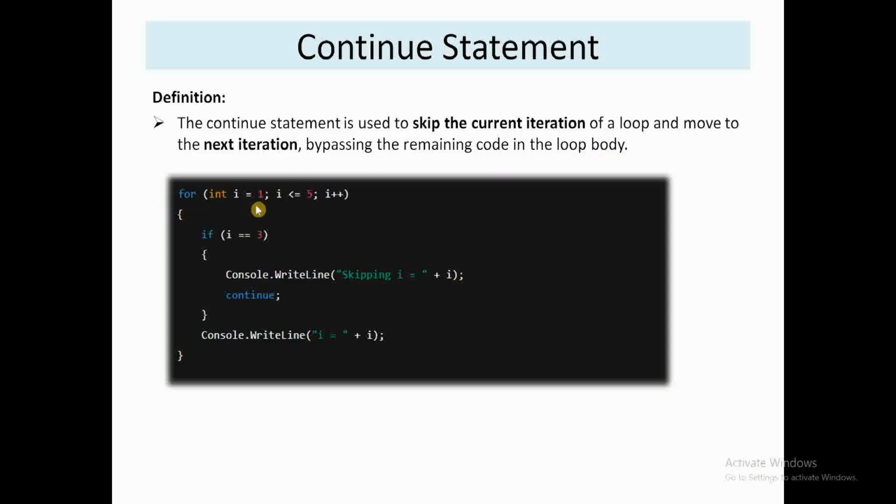We iterate from 1 to 5, and it iterates 2 times, and here we apply the condition i is equal to 3. When this condition matches, it will directly skip this code and jump to the 4th and 5th iterations. So if we want to skip some block of code, we can achieve that with continue.